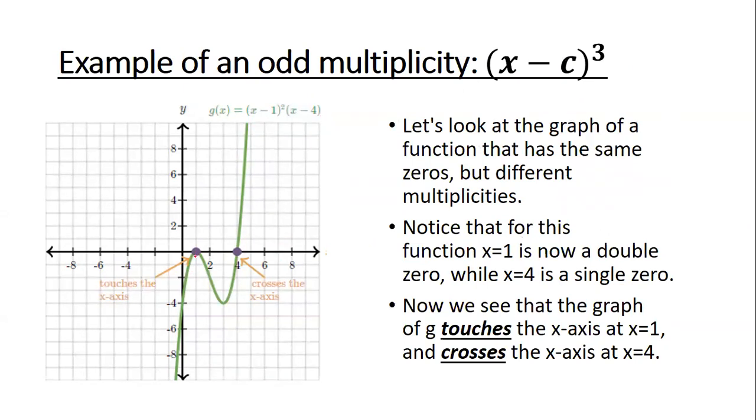At x equals 1 now, we have a double. It's an even multiplicity. And so notice that it touches the x-axis. It doesn't cross, it touches. At x equals 4 now, we have an odd multiplicity. It's an odd multiplicity because it crosses the x-axis. And again, what is the power of this binomial? 1.